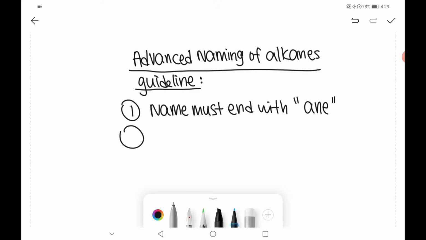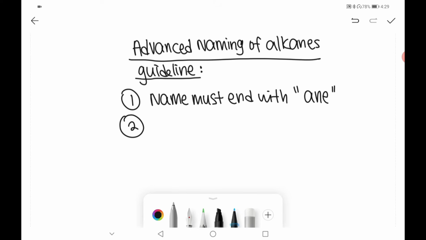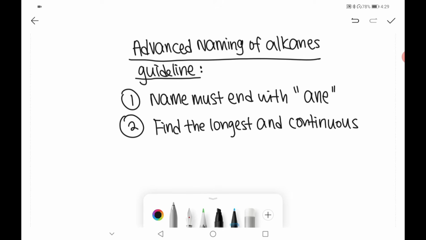So after that, now you need to find the longest and also continuous carbon backbone, and then you need to name it.